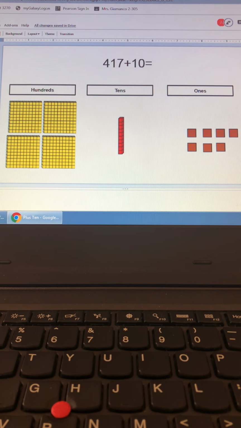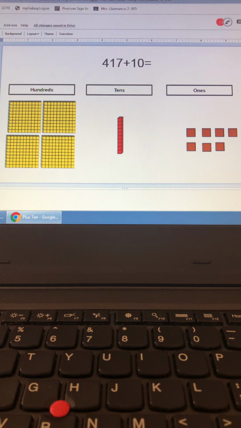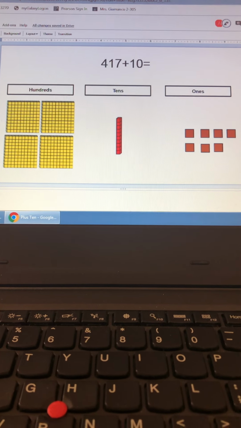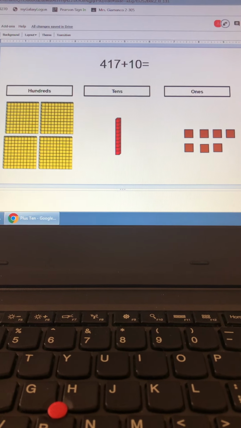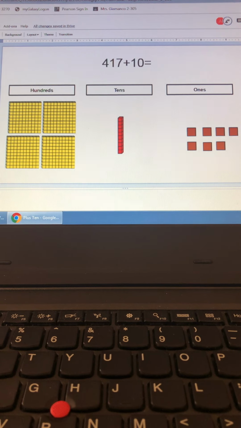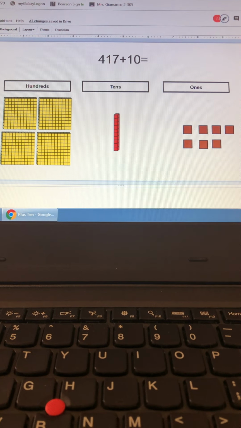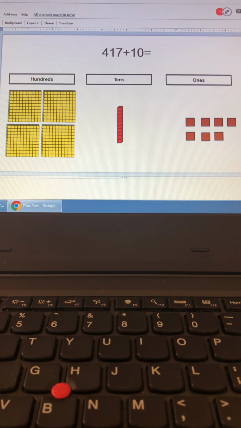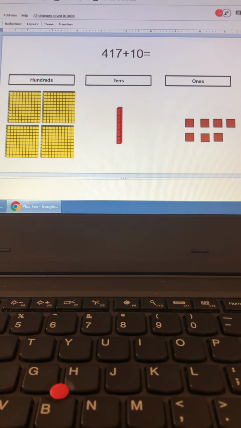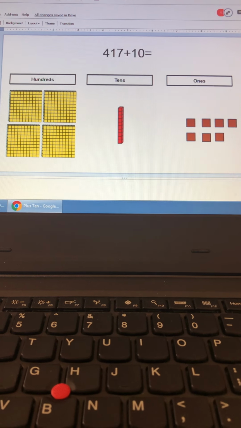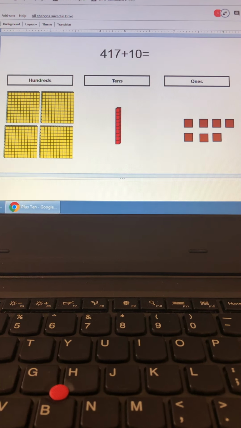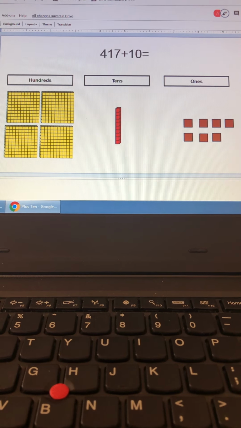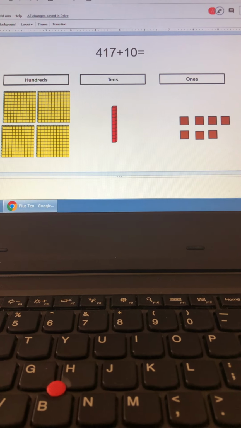Remember the rule to help you figure out 417 plus 10. Give you a few seconds. Once you have 417 plus 10, one thumbs up on your knee. All right, in 3, 2, 1, shout out your answer.